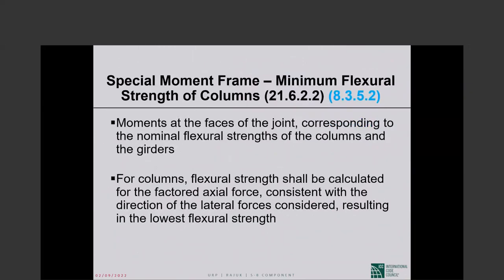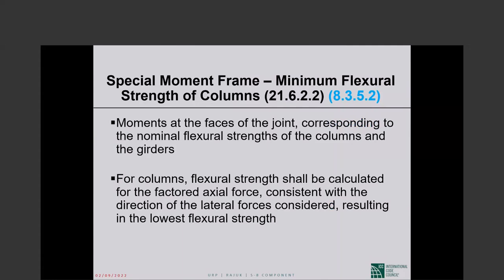Okay. The moment strengths are now at the faces of the joint. So moments at faces of joint corresponding to nominal flexural strengths of the columns and the girders. So in other words, we do the check in terms of nominal moment strengths at the faces of the joint.